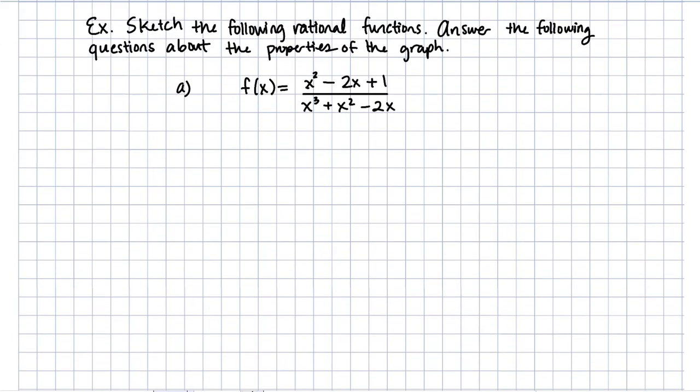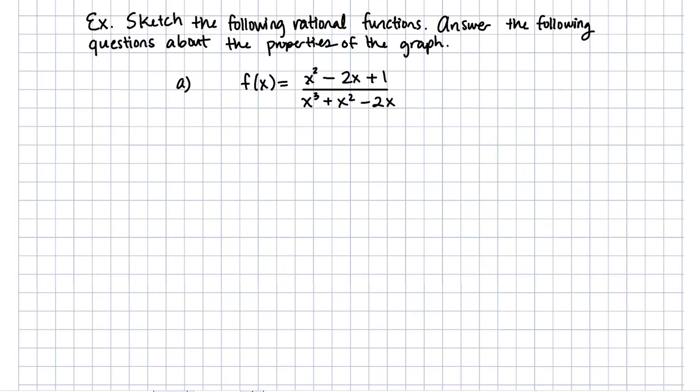So to get started, our first example is going to be f of x equals x squared minus 2x plus 1 over x cubed plus x squared minus 2x. So let's jump in and identify degree.